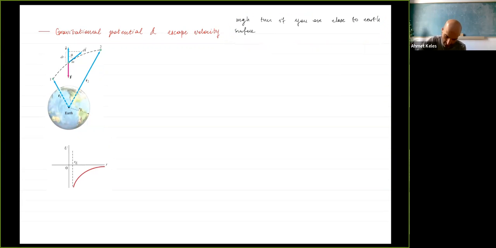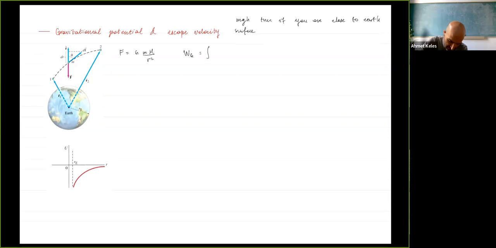So force due to gravity, we know force due to gravity is G M m divided by r squared. So I can calculate the work done by gravity by this force. Let me call it work done by gravity on an object.